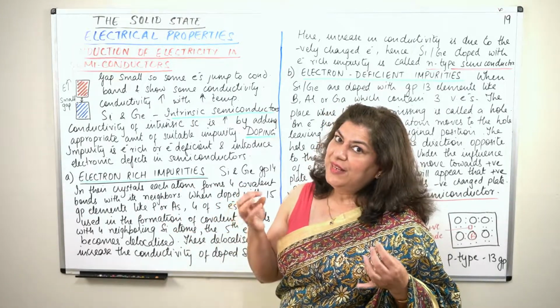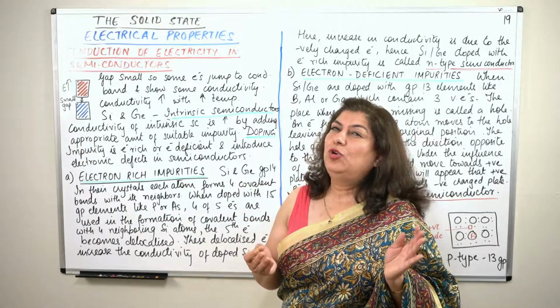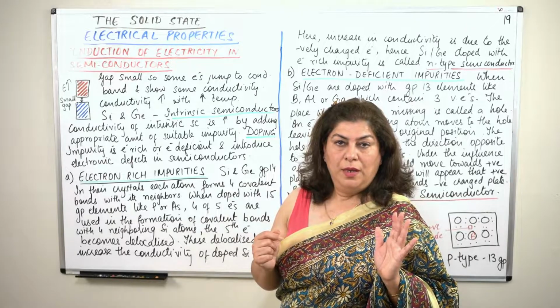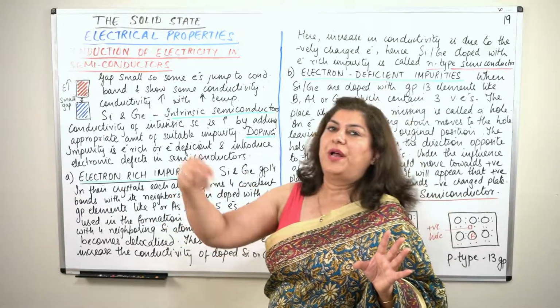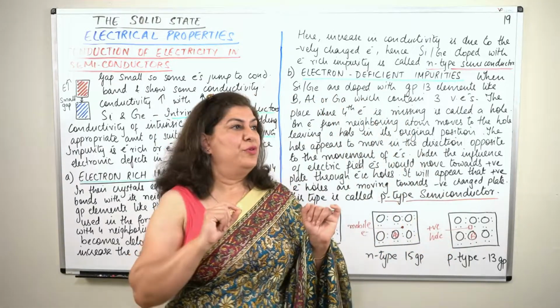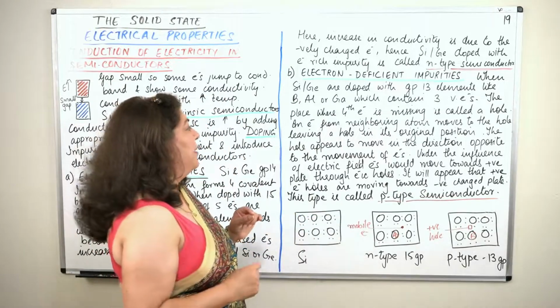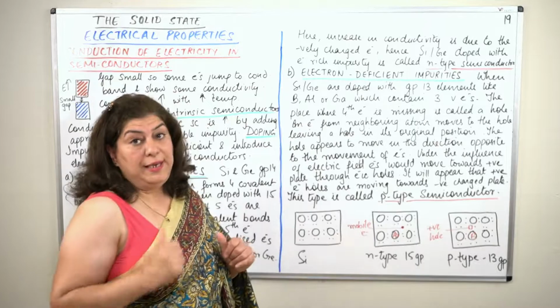But imagine if instead of doping it with group 15 elements, I doped it with group 13 elements. All you have to do is choose an element which has one electron more or one electron less. So if I choose an impurity from group 13, for example, boron, aluminium or gallium.